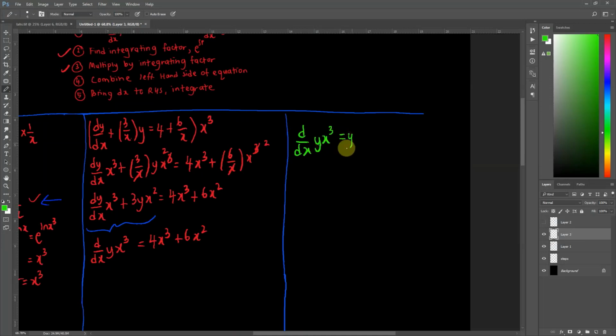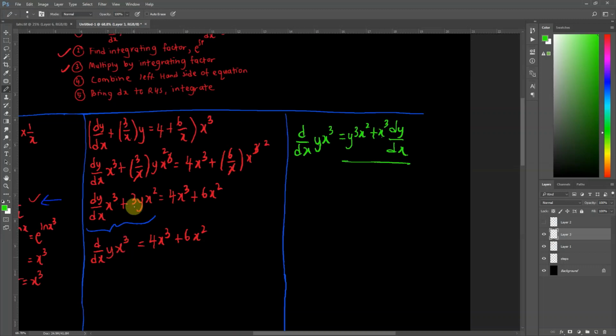Ni kena guna product rule. So y stay, x cube differentiate 3x square plus x cube stay, y differentiate is dy dx. So I see bila I differentiate y x cube, I akan dapat 3x square y plus x cube dy dx, which is sama dengan ni. Nampak tak? Dy dx x cube plus 3y x square.